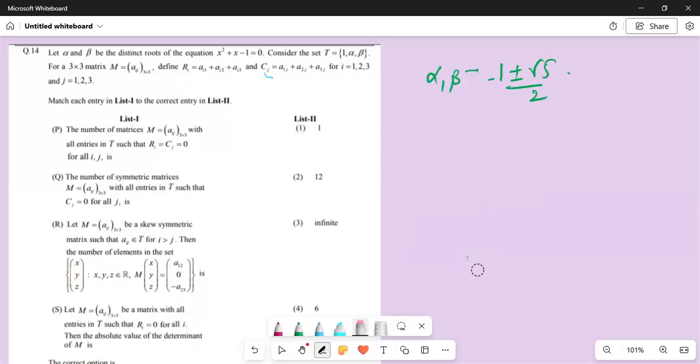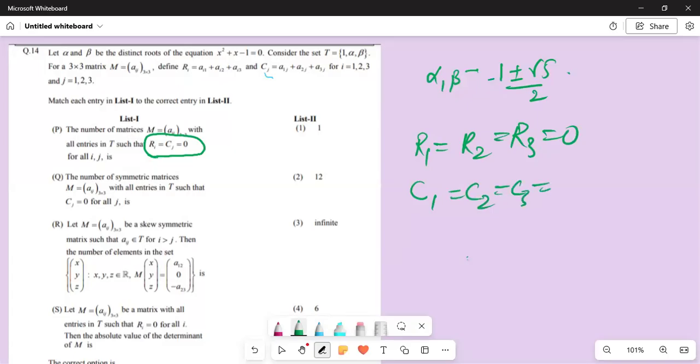So I have to find the number of such matrices which have the entries from the set T and also satisfy this condition that Ri equals Cj equals 0 for all i and j. That means R1 equals R2 equals R3 equals 0, as well as C1 equals C2 equals C3 equals 0. So we have to find the number of such matrices.